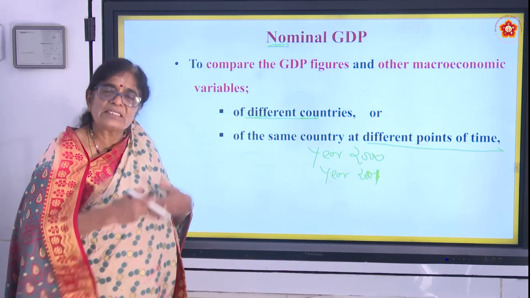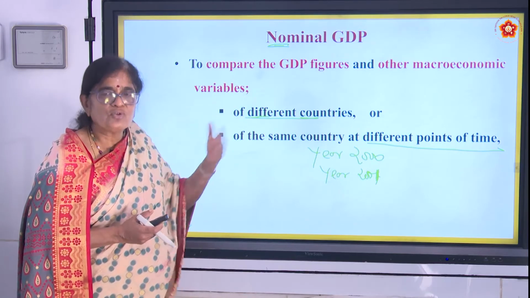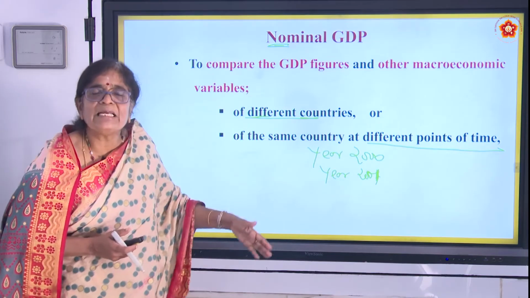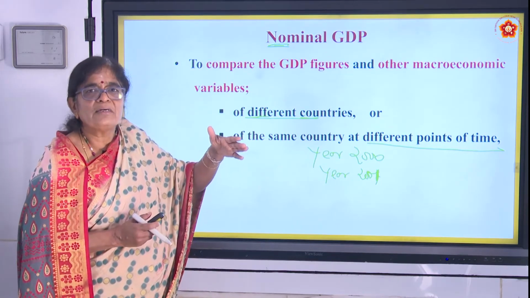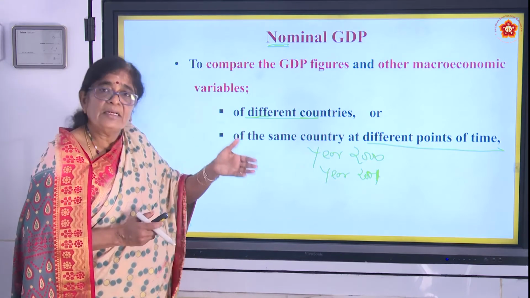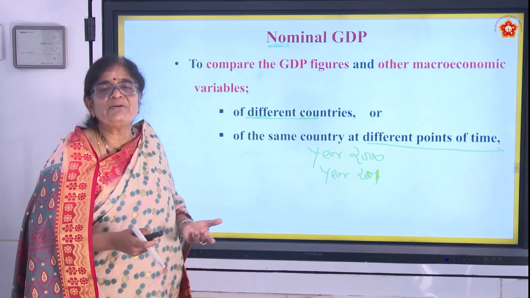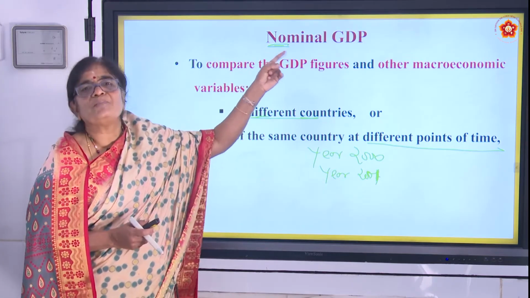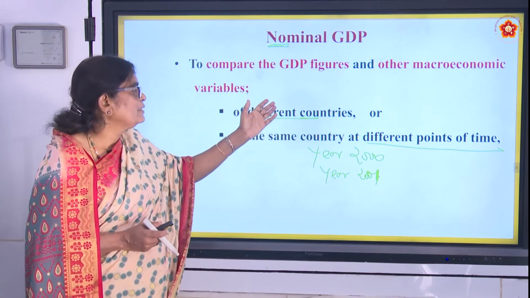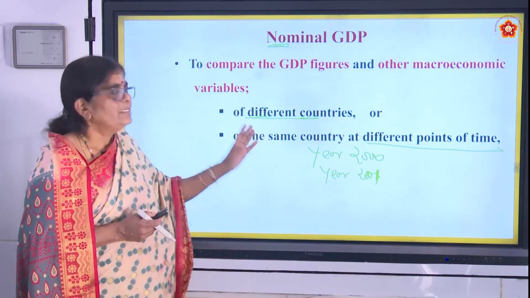Even though wheat production has doubled, because of the decline in price, it will say GDP didn't change, because production doubled and price declined to half. Therefore, nominal GDP will not change. Therefore, nominal GDP is not a good measure to compare between countries or within the country at different points of time.